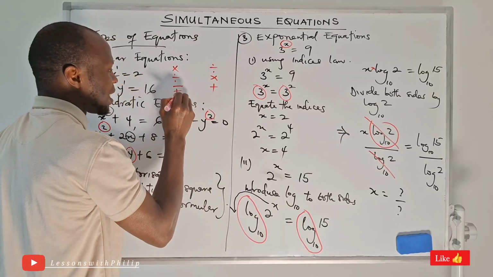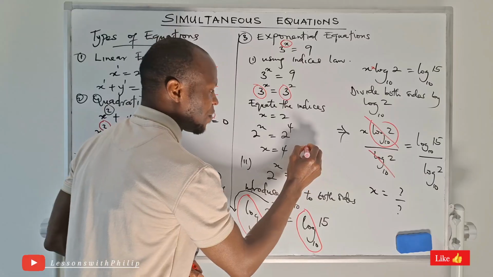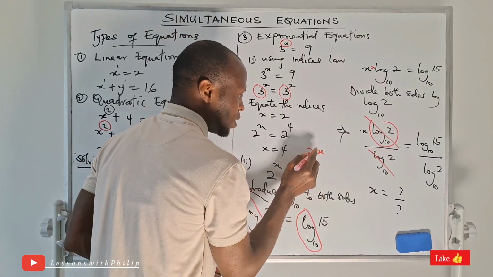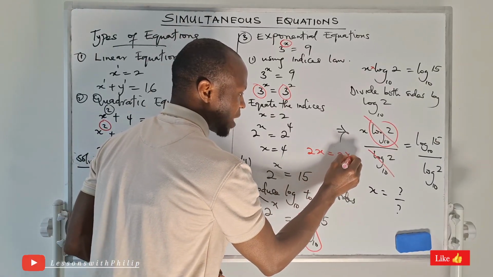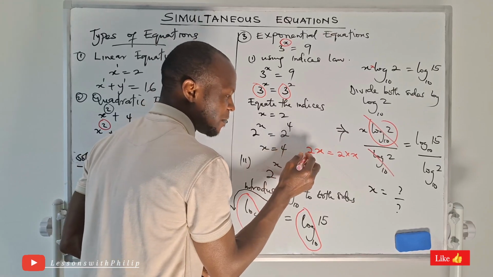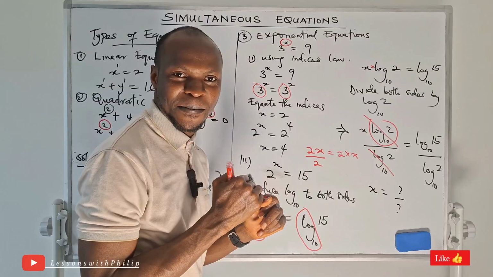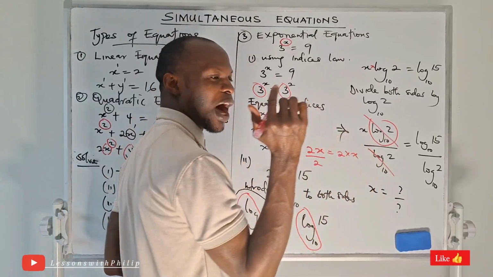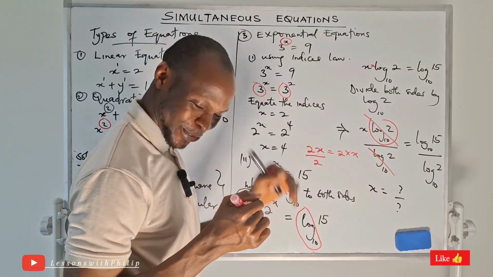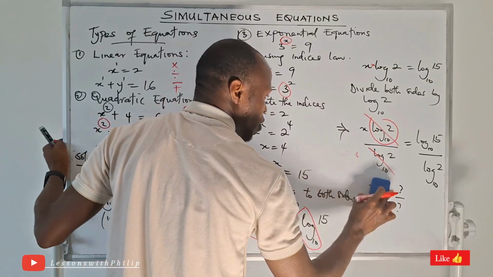If they are linked by addition, you separate them by subtraction. So if you have 2x, which is the same as 2 times x, the way you can separate x from 2 is by dividing 2x by 2. Okay, so you can check our change of base formula to understand that also. Now that is the way to solve that.